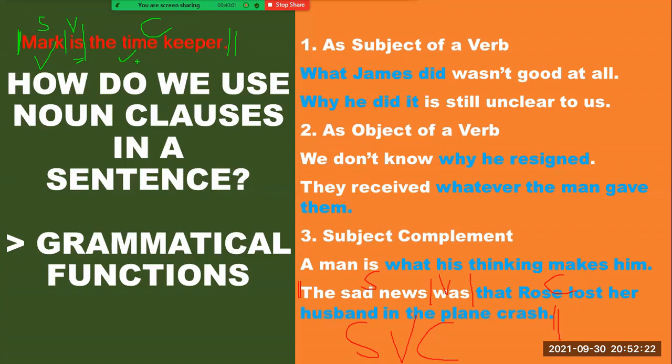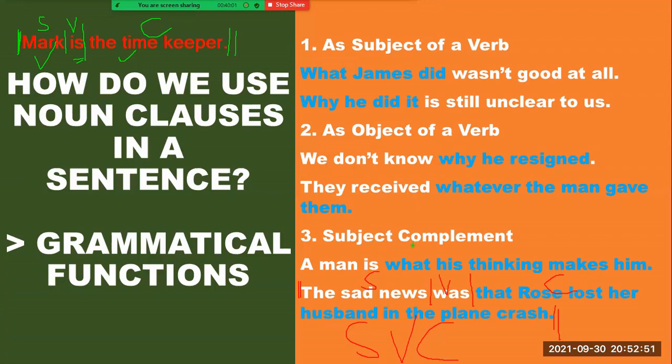Now, when we ask a question, who is the timekeeper? We say Mark. Who is Mark? The timekeeper. So that's exactly what the complement does. The complement gives us the exact description of the subject, and that is why we call this the subject complement.